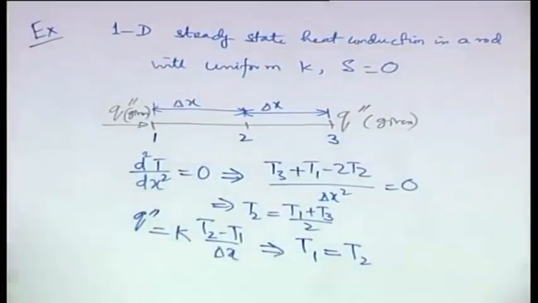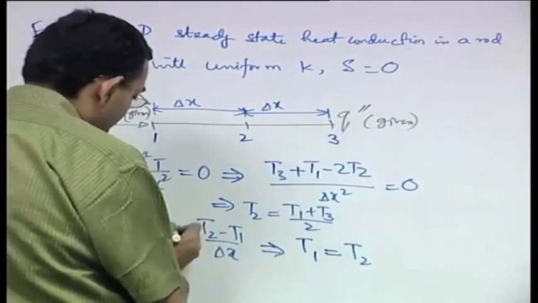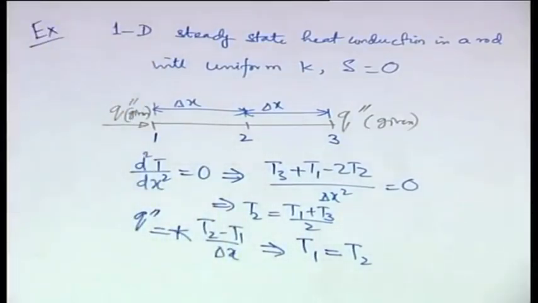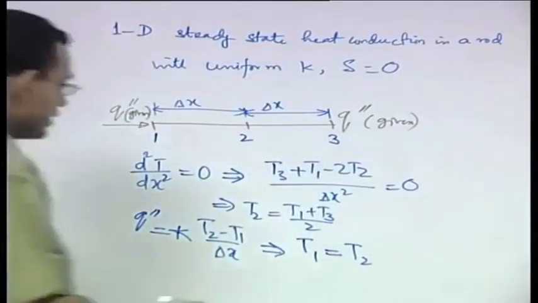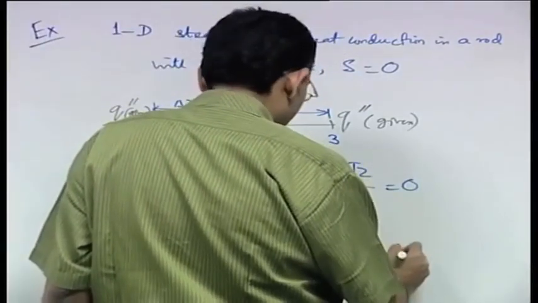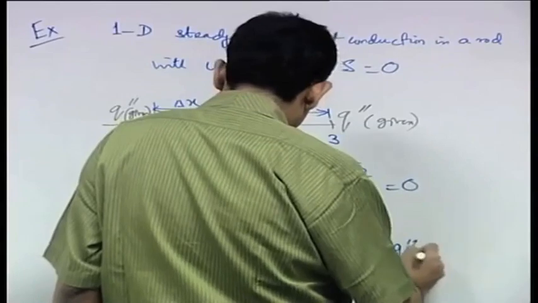So, T1 is equal to T2 plus q delta x by k.